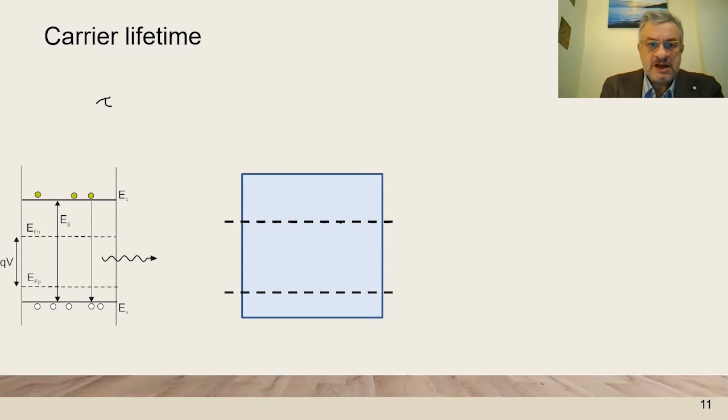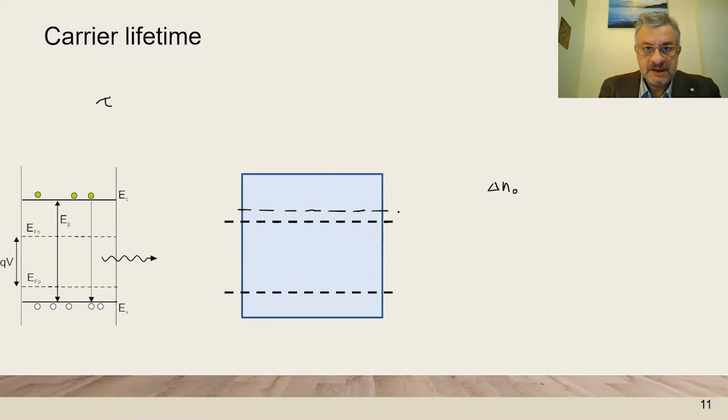To measure the carrier lifetime, we start with a steady state situation. Here, for example, there can be photogeneration maintaining a separation of Fermi levels, and then we introduce an additional pulse of carriers.